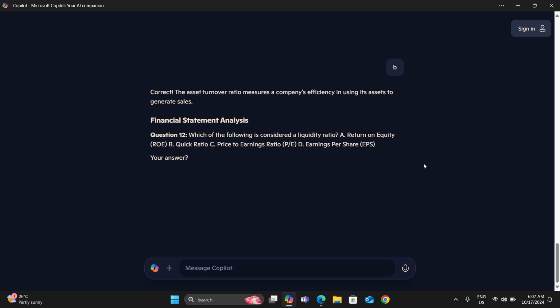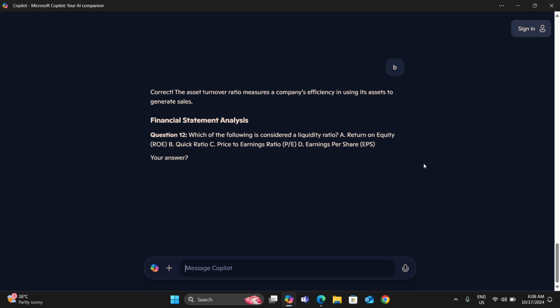Okay, so which of the following is considered a liquidity ratio? Return on equity, returns, the profit, are always considered profitability ratios. All the other types, return on assets, return on investment, return on equity, return on sales, those are profitability ratios.